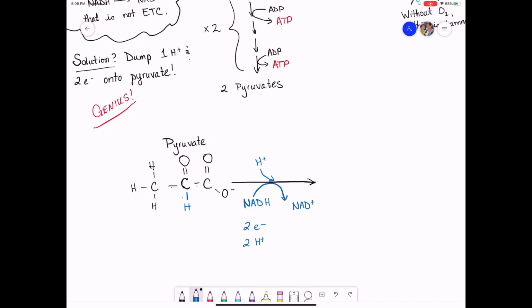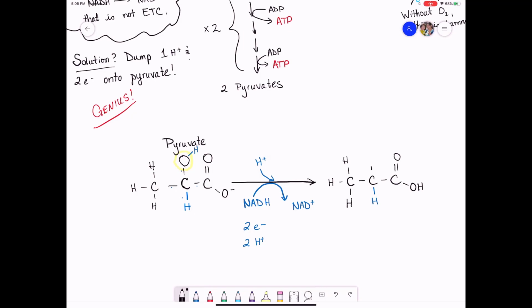And so when that happens, that carbon then has 5 covalent bonds, which is not possible. So what we're going to do is take that oxygen that's attached to that carbon and make it also take a hydrogen so that it can become an alcohol group. And so then what we have here is lactic acid.